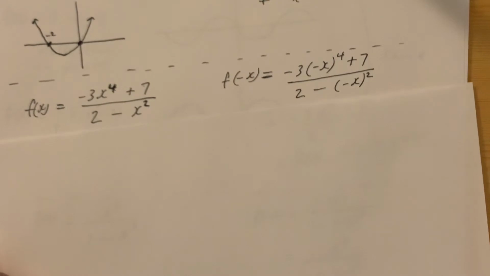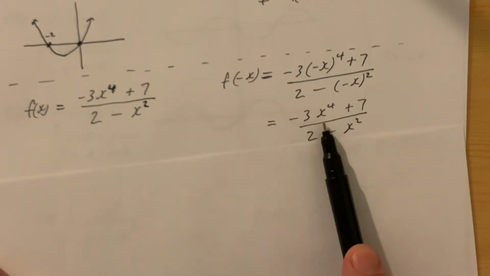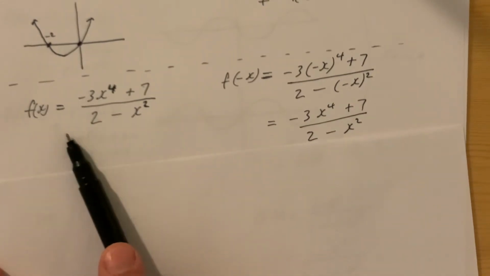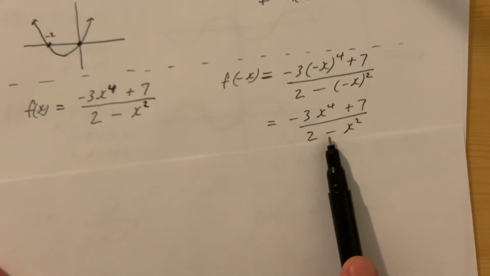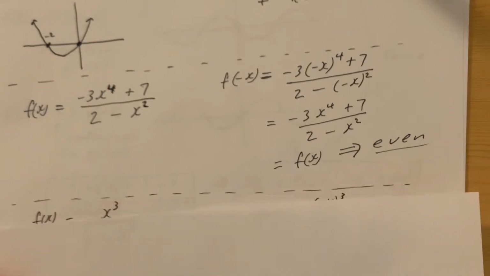When you work that out, you should have this, and that looks exactly like what we started with. We don't need the graph to check this. We can just do it algebraically, and that implies we have an even function.